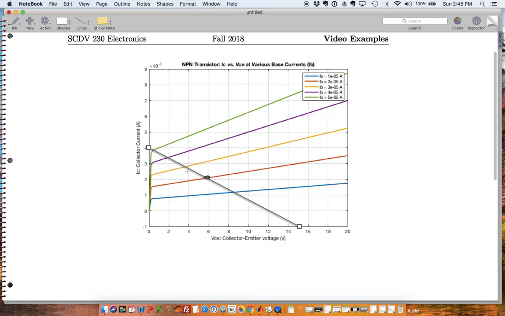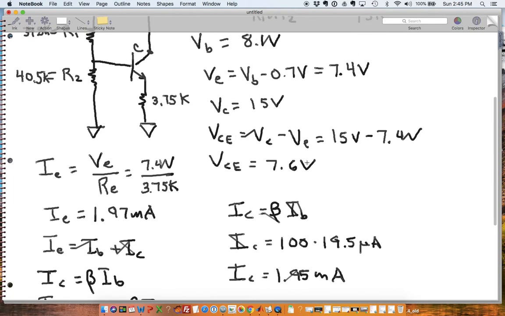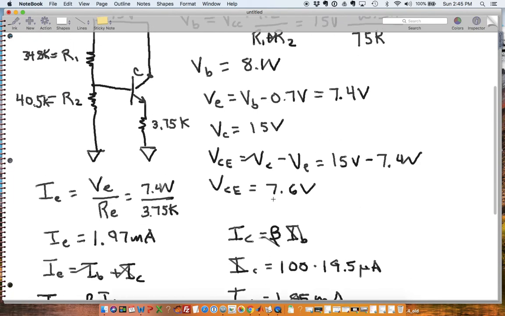And so you might think, what about the quiescent point? The quiescent point is where we would be operating at the VCE for DC operation. What we found was my VCE is equal to 7.6 volts. So in my model, I have kind of a resistor between my collector and my emitter, and that's using up 7.6 volts.